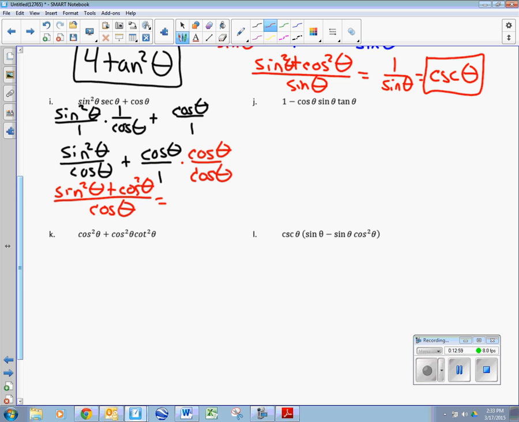Sine squared plus cosine squared is 1 over cosine, which is secant. All right, next problem. Again, I don't see any substitution right away. I'm going to rewrite.